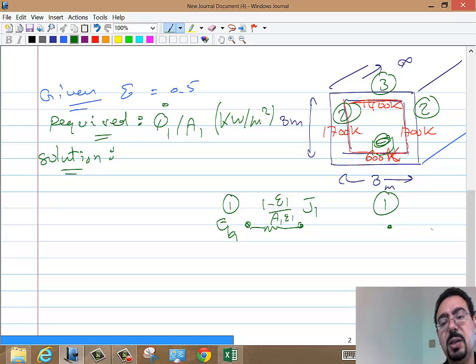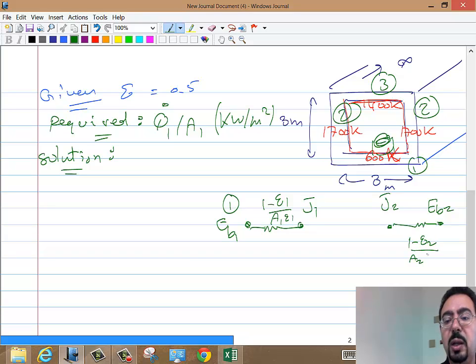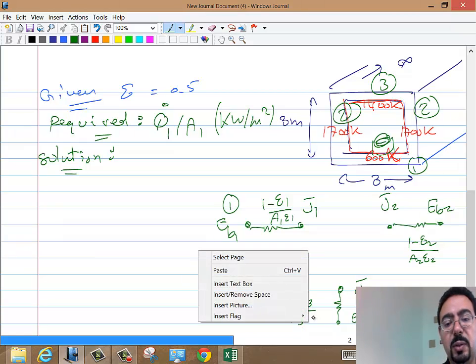And here is surface 2, E_b2, with his J2, and between them is the surface resistance to radiation, (1 minus epsilon 2) over (area 2 epsilon 2). And then there is J3 and E_b3, and between them is (1 minus epsilon 3) over (area 3 epsilon 3).